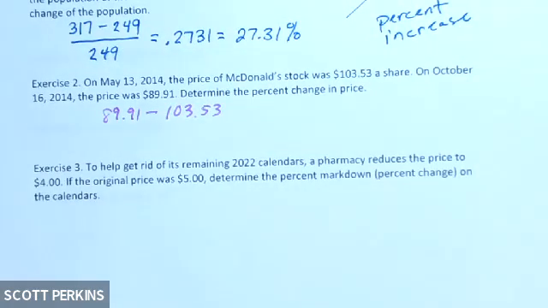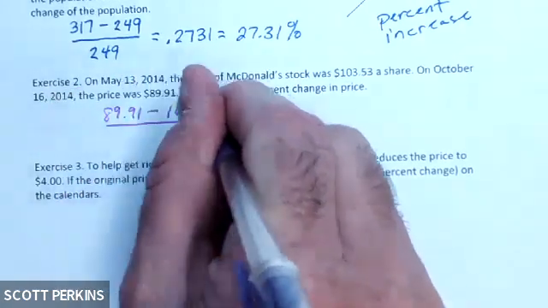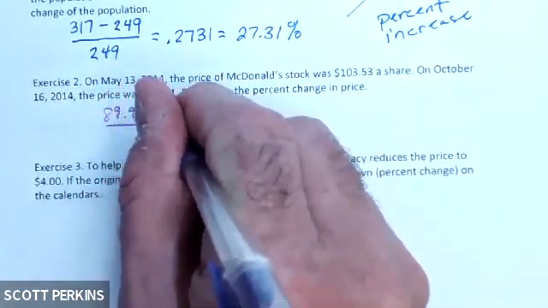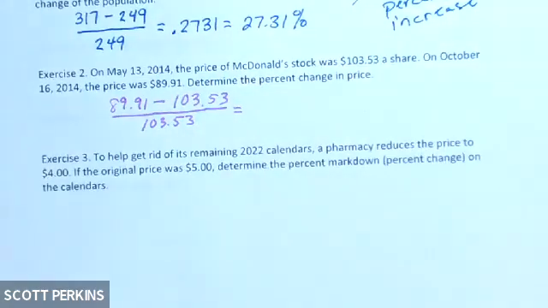That's what tells you this is a percent decrease, because it's negative. So then we divide by the original, which is 103.53. Again, we'll round to 4 decimal places when we put this into the calculator. So again, make sure that we're all hitting the right buttons.